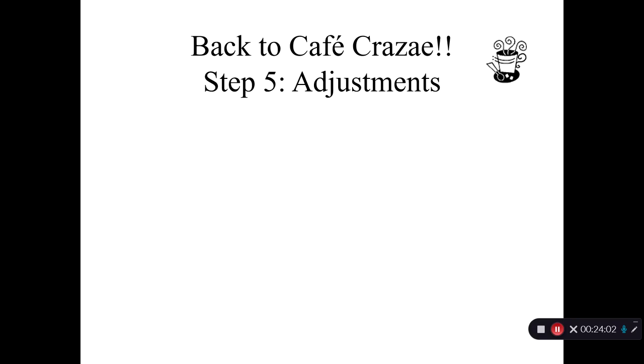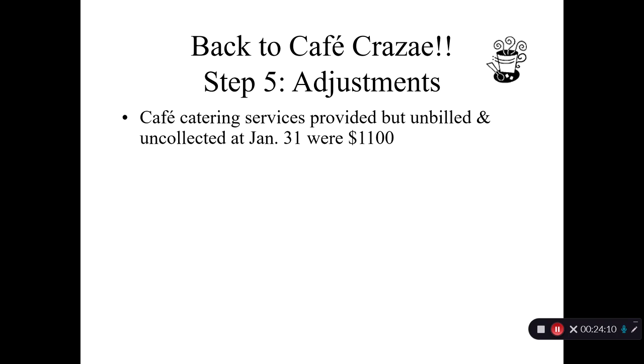Okay, so those are the adjusting entries, the most common ones. Now let's go back to our example and do the adjustments. So cafe catering services provided but unbilled and uncollected at January 31st was $1,100. Well, here is a receivable transaction.